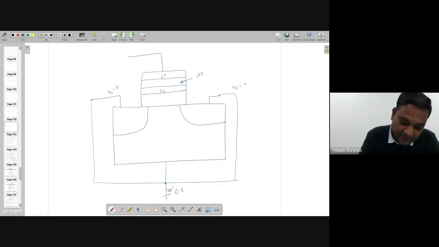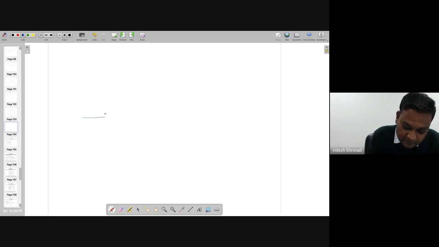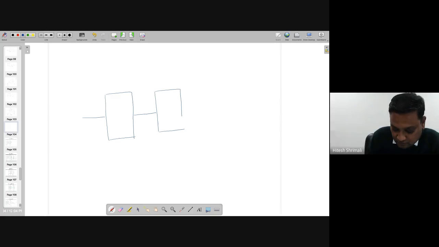And if I am applying here a pretty high voltage, let's say 15 volt, what is going to happen over here? You remember we had the following things. When you don't apply anything, this is the floating gate, this is the control gate, and silicon does not bend.